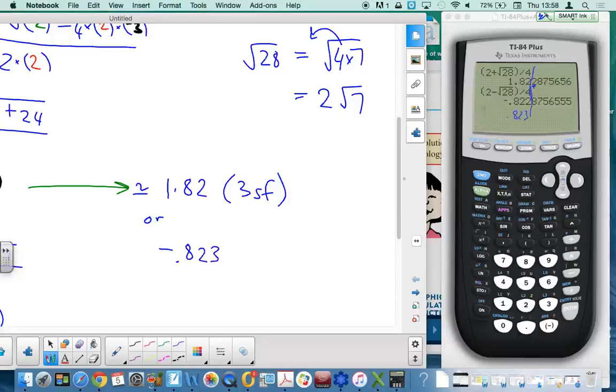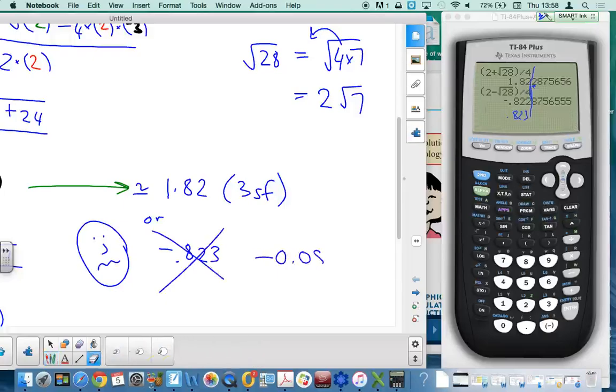However, what does that mean? That's not even proper maths, what you've written there. That's just how the calculator screen displays it. When you come to write down your answer, you need to change that into writing it down properly. So you write down the 0 that's missing at the front, 0.823.